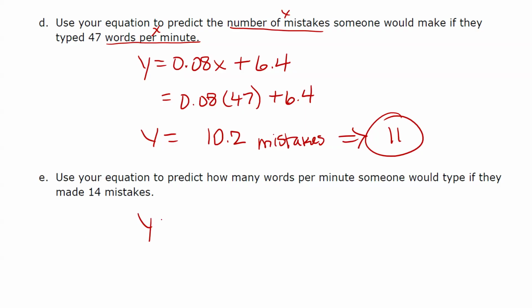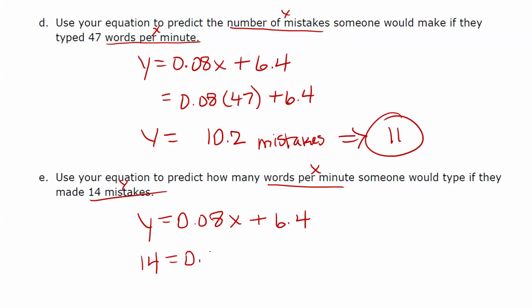The next one, go back to our regression equation first. We're trying to predict how many words per minute someone would type if they made 14 mistakes. So now we're given y, and we're trying to find x. We're first going to have to subtract 6.4 from both sides of our equation.